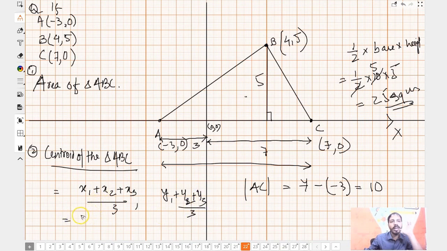So if you put the values here, it is minus 3 plus 4 plus 7 by 3, and what are the ordinates? 0 plus 0 plus 5, that means 5 by 3. So this is the solution. So 7 minus 3 is 4, 4 plus 4 is 8, 8 by 3 and 5 by 3, right? So 8 by 3, 5 by 3, you will get the point somewhere here. Okay guys, so this will be the centroid.